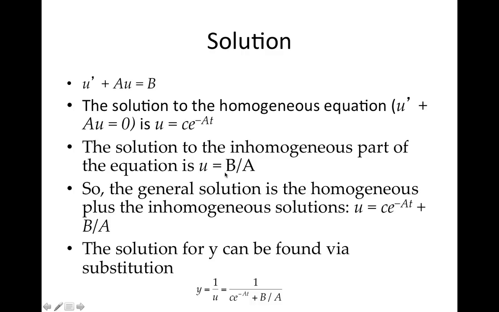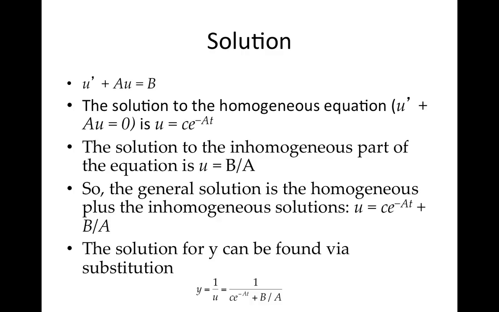So being that this is a standard differential equation form, the solution to the inhomogeneous part is well known to be b over a. So the general solution is the homogeneous solution plus the inhomogeneous solution. And we get that to be this c e to the minus at plus the constant b over a.